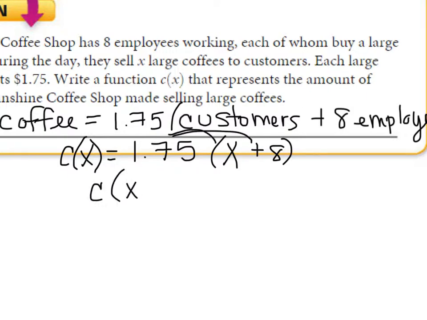So the final function would be C of X equals 1.75x plus 1.75 times 8, which is 14.